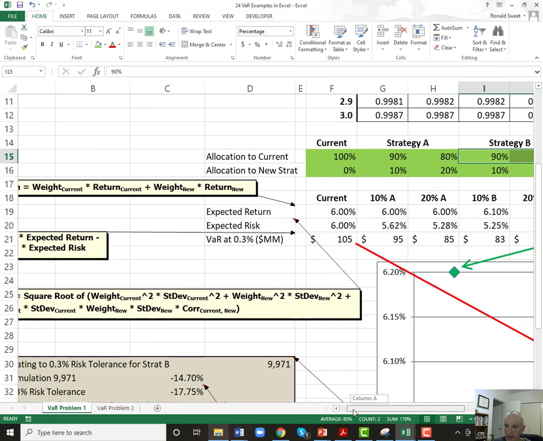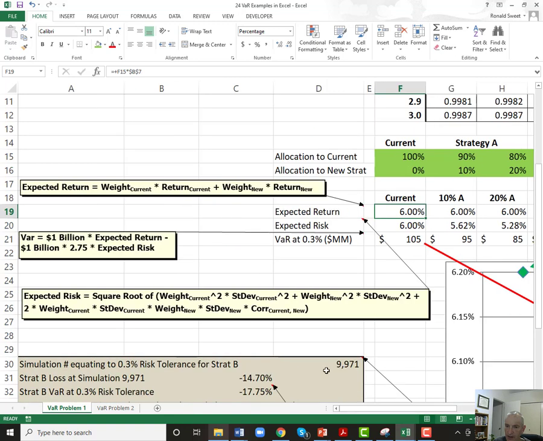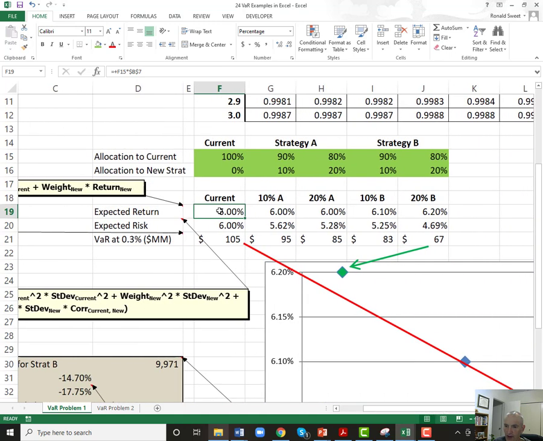All right, and so our expected return is very, very easy. You just take the weight of the current times the return on current plus the weight of the new times the return on the new. And we know if we have A, that is going to give us 6%, because A has a return of 6%, and the current has a return of 6%. It doesn't matter what we put in A or the current, we're going to get 6%.